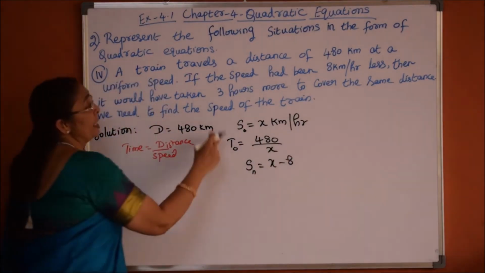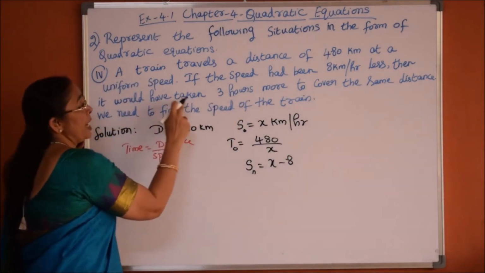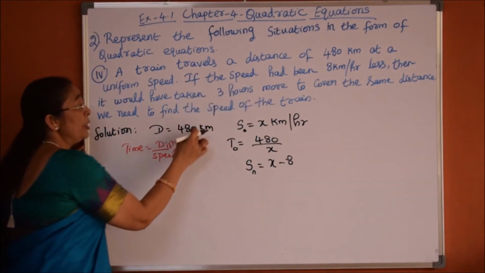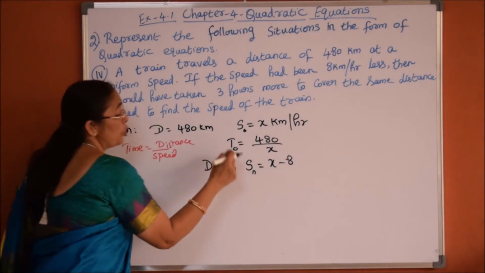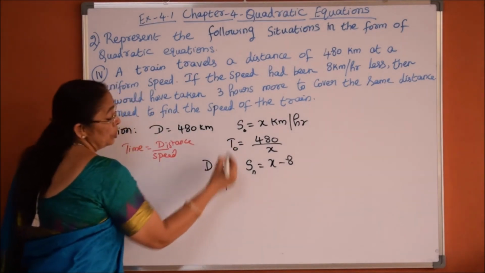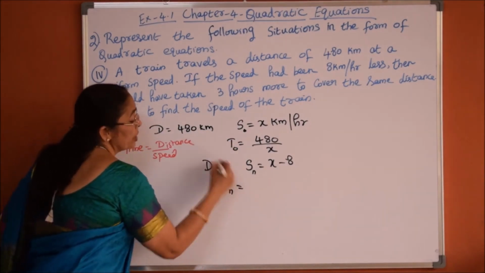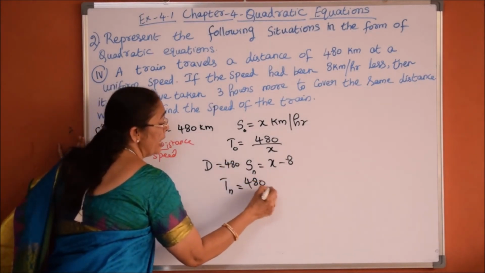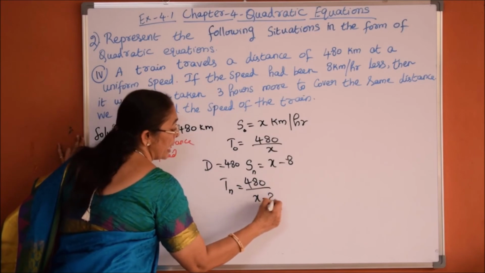Now it is given that it would have taken 3 hours more to cover the same distance. The distance is the same, 480 kilometers. So the new time is 480 divided by x minus 8.